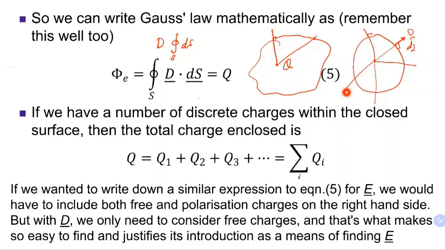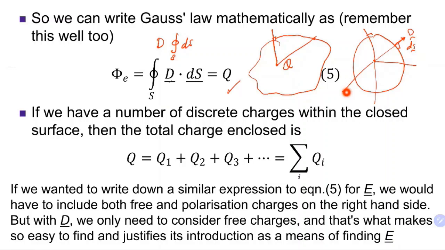Therefore this integral is very complex and very difficult to solve. So we only use simple structures that are symmetrical and have a constant electric flux density over the surface. There are some simple surfaces that we can use to simplify this integral.